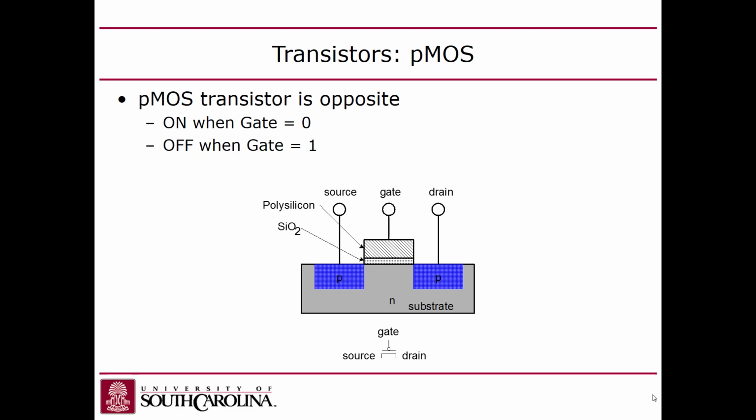So turning on this device requires you to put a logical 0 here on the gate, right? Now you might say, well, wait a second, how does that work? Why is it you ground it and it turns on? Well, not exactly. What ends up happening is because this well is charged up to VDD, the power supply voltage, when you take the gate and put it to 0, the gate is actually seeing negative VDD.